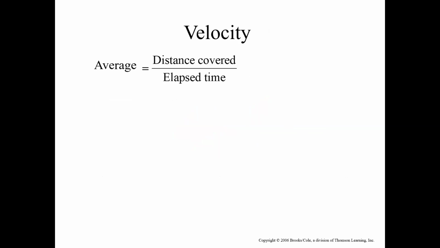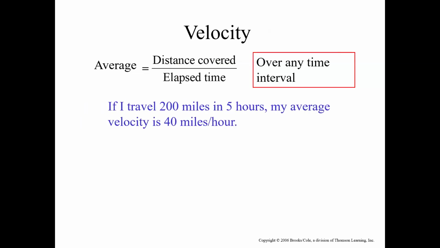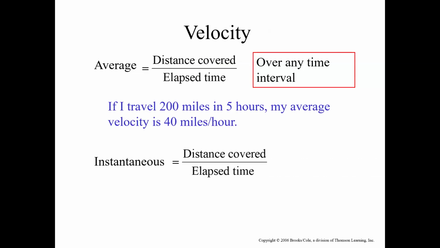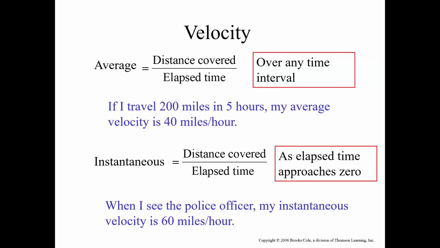Another application is that we are able to represent functions in the form of velocity, distance divided by time. That gives you velocity. So when you're given a problem, we can write an equation involving the distance and the velocity. We have what we call the instantaneous velocity, the average, that is distance covered over elapsed time, as the time approaches zero.